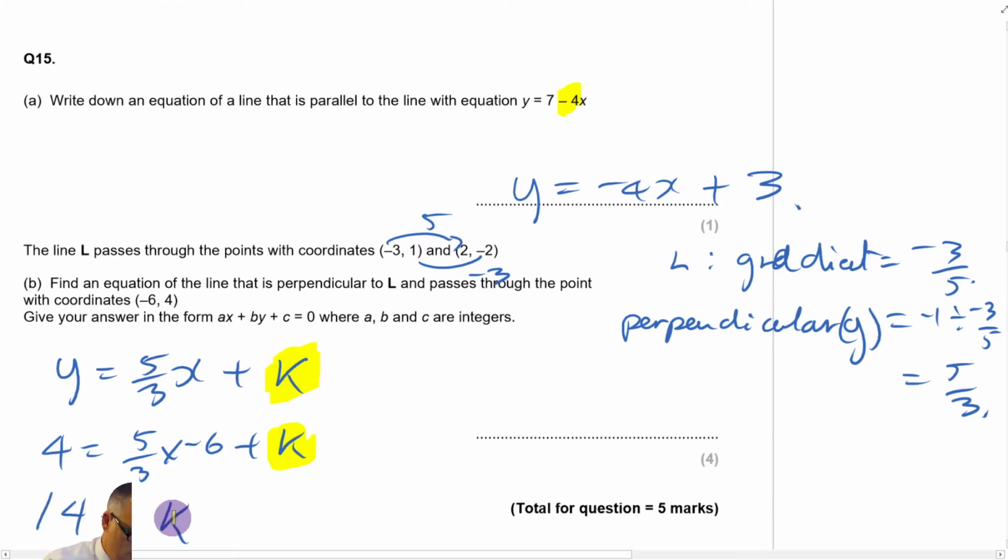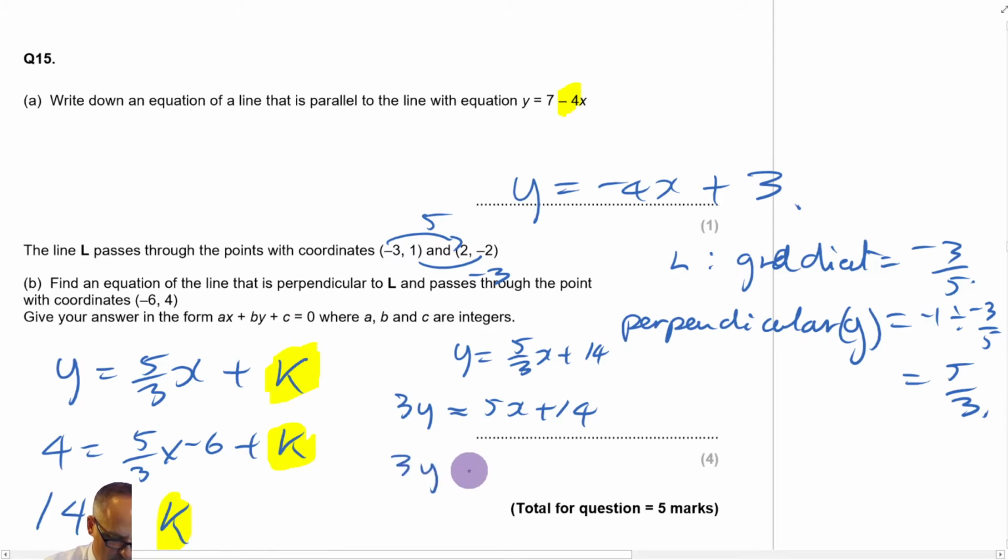I'm not going to spend too much time on doing this sort of algebra. You should be able to do that if you're doing straight line graphs. So we know that it crosses at 14, so we have y equals 5/3 x plus 14. We need integers. 5/3 is not an integer because it's a fraction, so times by 3, we get 3y equals 5x plus 14, but it wants everything on the same side.